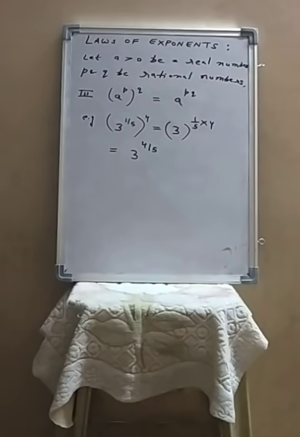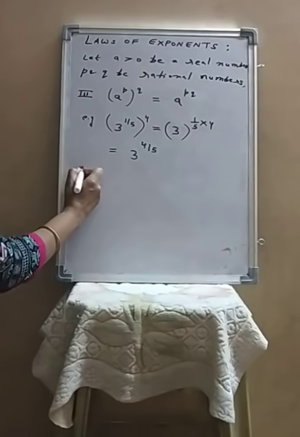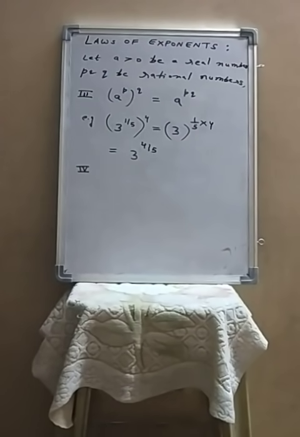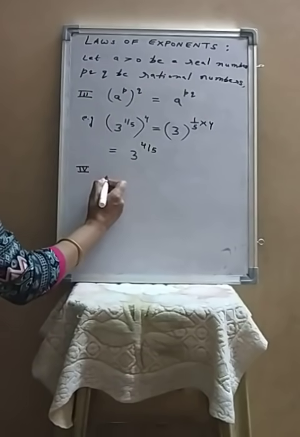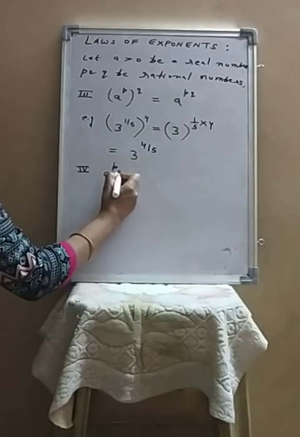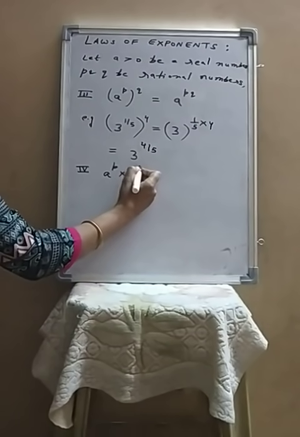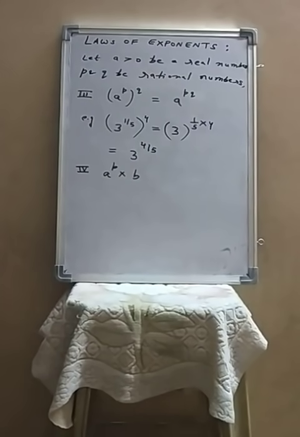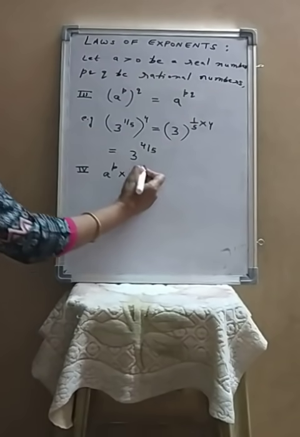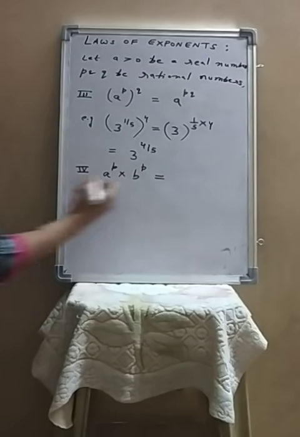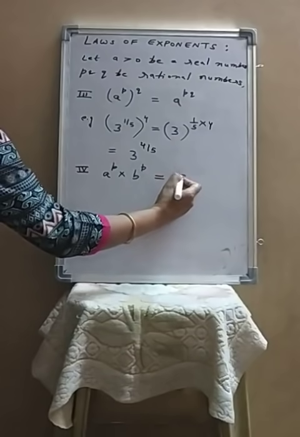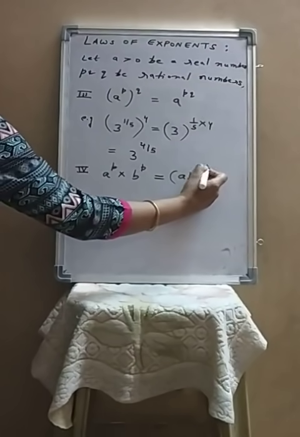Now let us see the next law, that is the fourth law, which says that a raised to the power p multiplied by b raised to the power p is equal to ab raised to the power p.